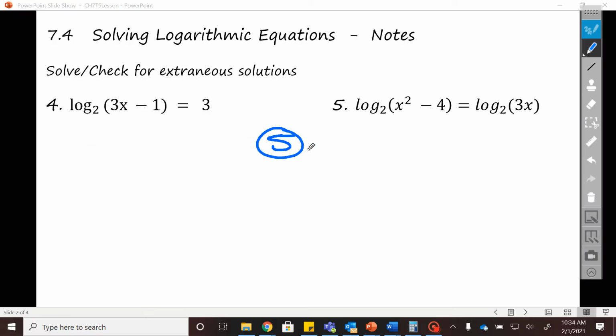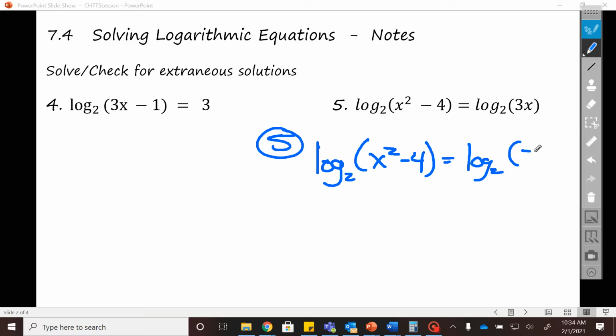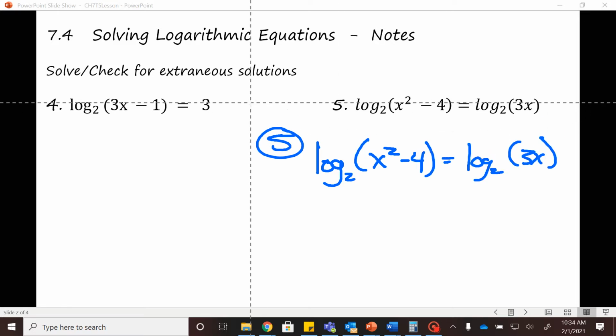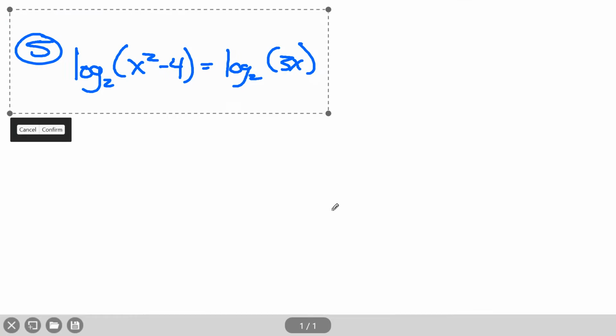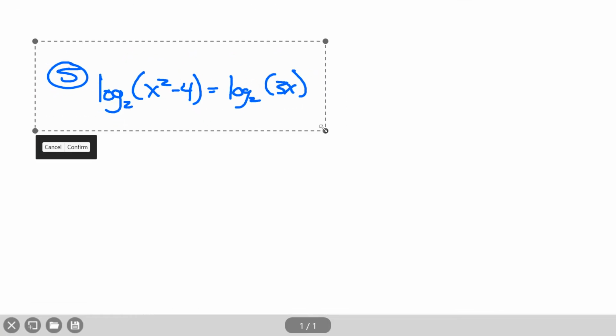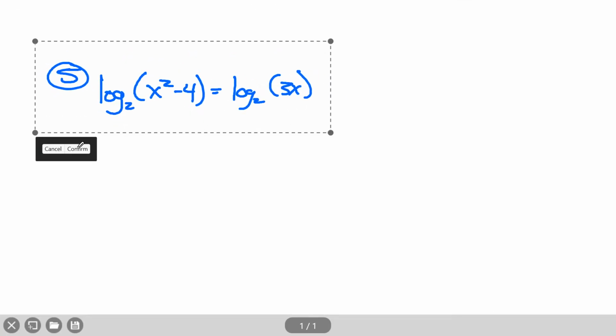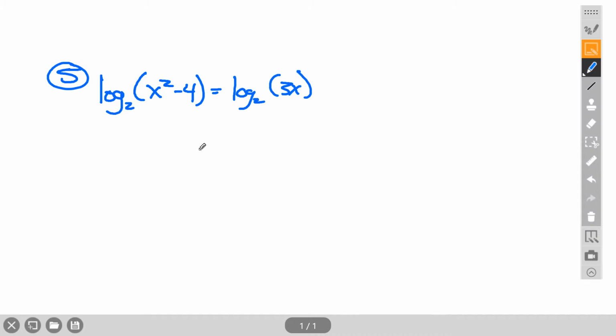Number 5, we have log base 2 of x squared minus 4 equals log base 2 of 3x. Okay, now when we got something like this, we got log base 2 of this and log base 2 of this, then those two things must be equal to each other.